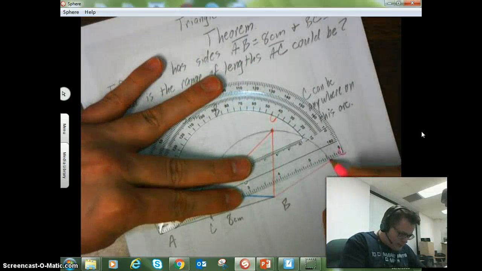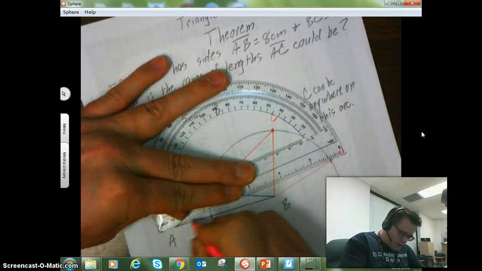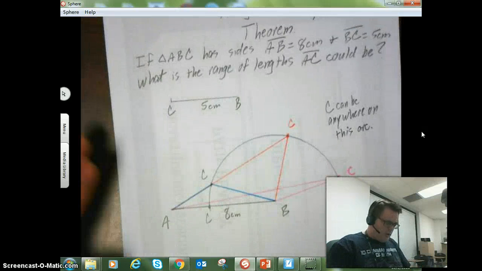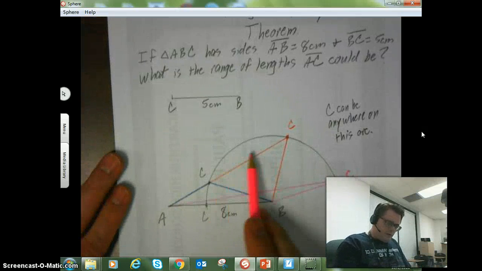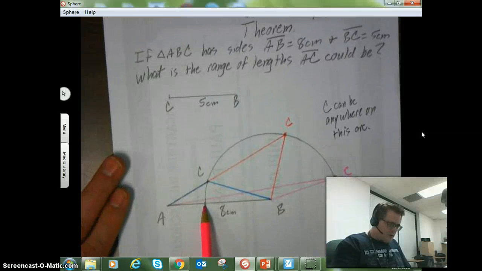As we rotate around the arc, what's happening to segment AC? Well, it starts from being no triangle at all, just a straight line.